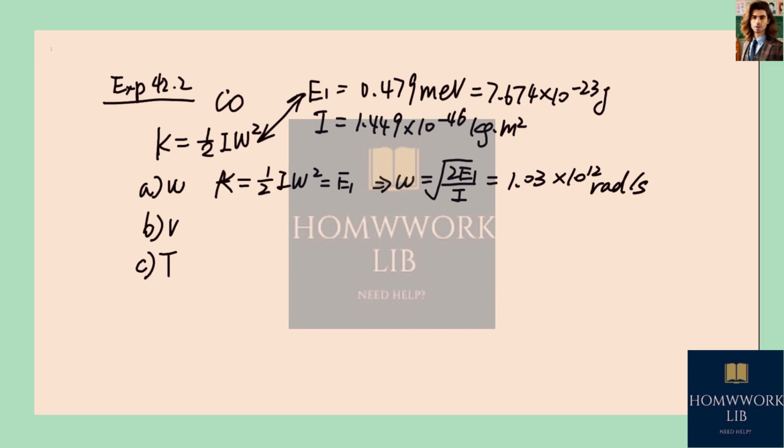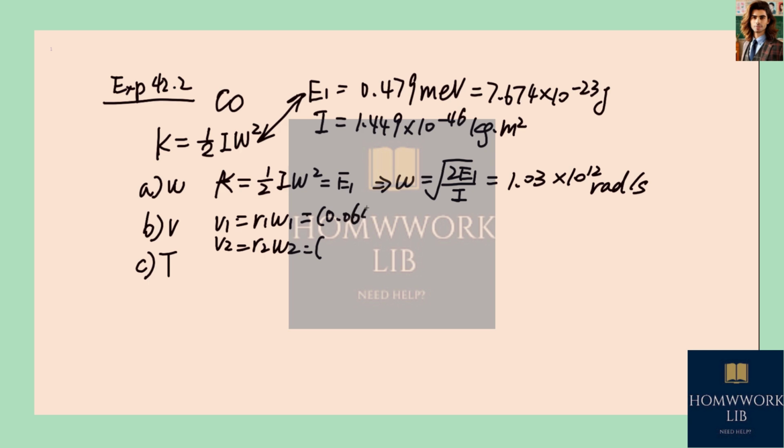Then we can look at another part. In part B, we're looking for the linear velocity. We have the carbon and we have the oxygen. V1 equals R1 omega 1 and V2 equals R2 omega 2. So they have the same angular speed, but they travel at different radii. Example 42.2 also gives us the radius for the oxygen and the carbon atom.